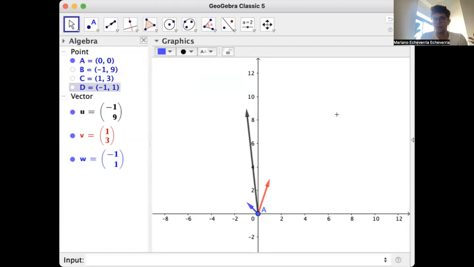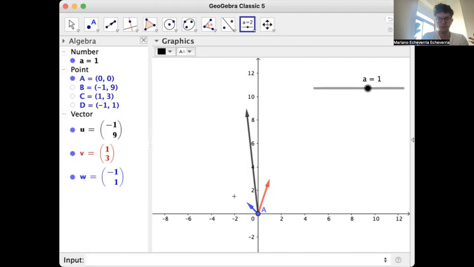So that's why, if you look at the equation, you are allowed to multiply the red and blue vectors by some factor. You're allowed to rescale the vectors before trying to match them as a sum into the black vector. So let me introduce a slider.